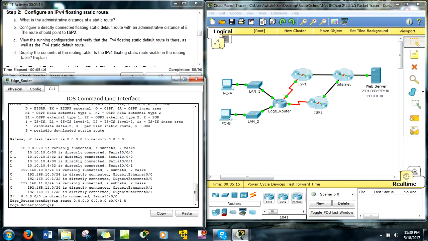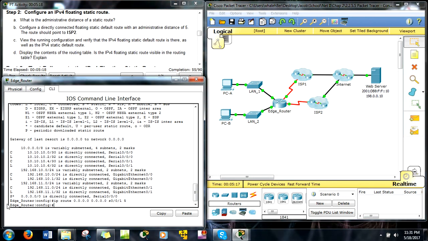Because a router will always route through the best, shortest path. The administrative distance tells it what that path is. So if you have a designated default route with an administrative distance of 1, which a static route typically does, then it's going to use that one over something else. For instance, EIGRP. If it's an administrative distance of 90, it's not going to use that one.